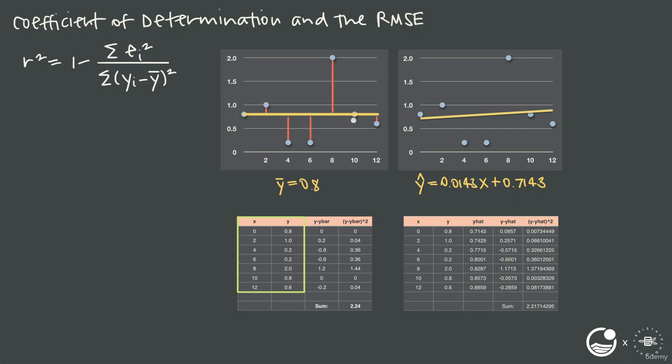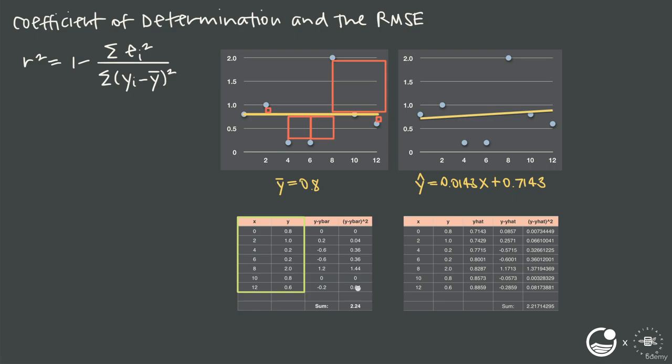But remember that when we're talking about error, we always talk about squared error. And so if we square each of these distances, if we create an actual square from each of these, so something that looks like this for each one of these, and then we have this big square up top here, etc., we have a certain amount of squared error when we use the mean as our theoretical line of best fit.